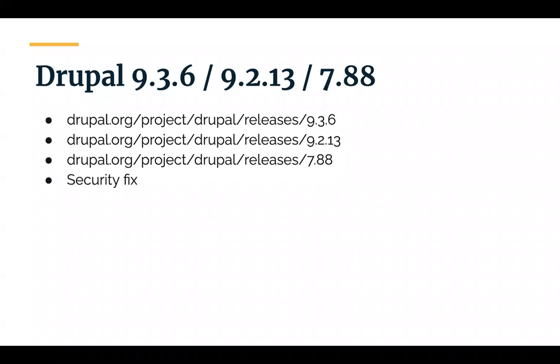And for the Quick Edit bug, the simplest thing to do to avoid it is just uninstall that module if you're not using it. If your site is using it, then just hope that the folks who have access to it are people that you trust to not start hacking away at things.